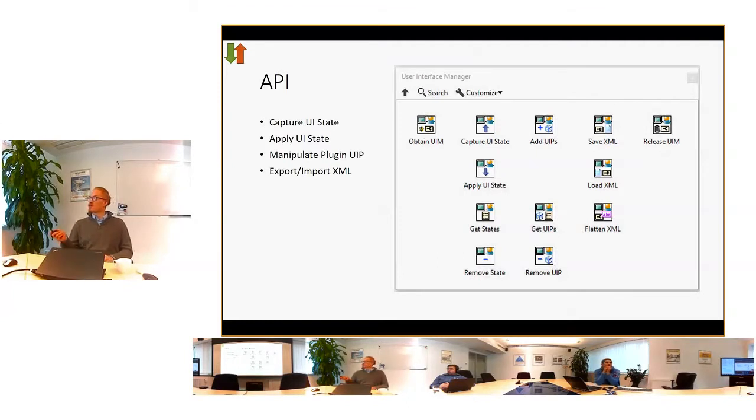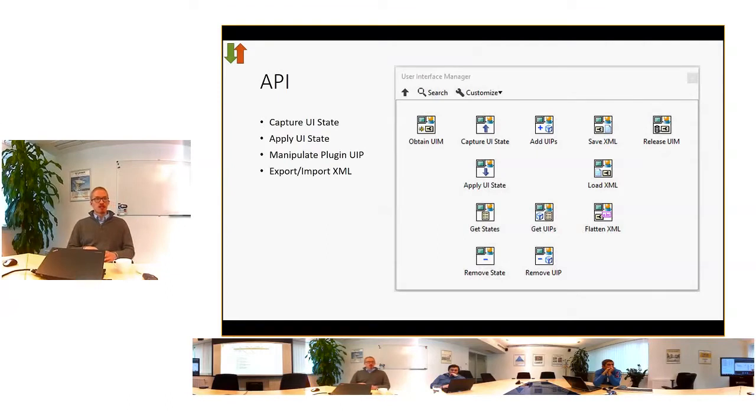So these are user interface properties, and you can export and import these things from an XML file, or you can pretty print the file and show it on the screen straight. So first of all, you obtain, then you modify the user interface, you capture a state, you modify the user interface again, you capture another state, and then you can swap between these states using the API.